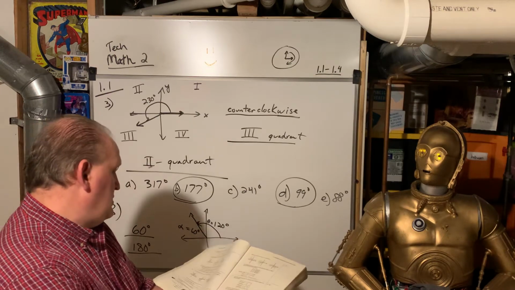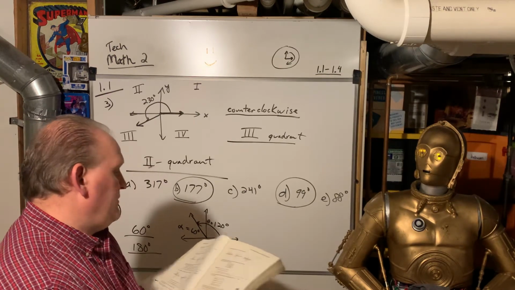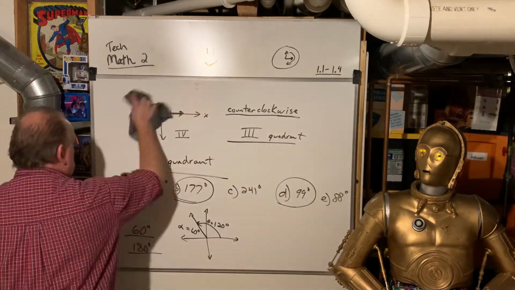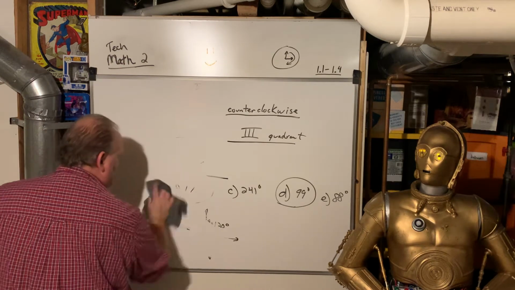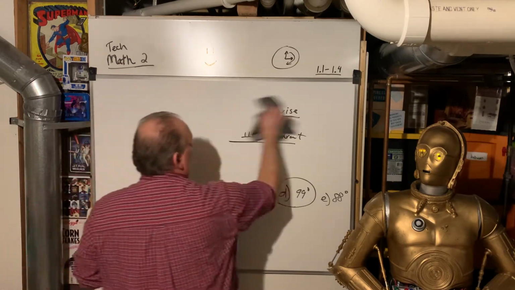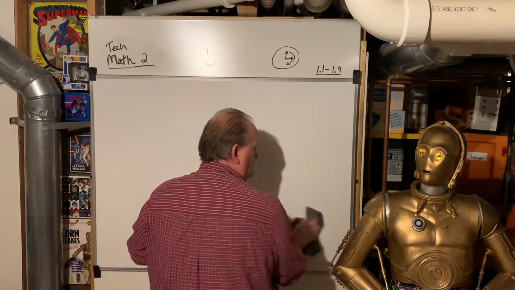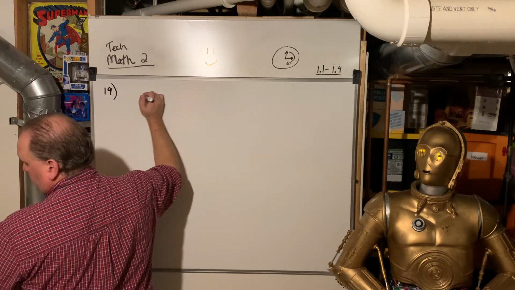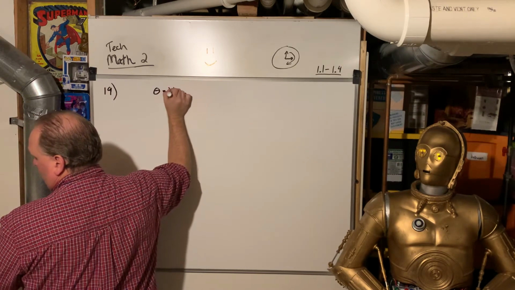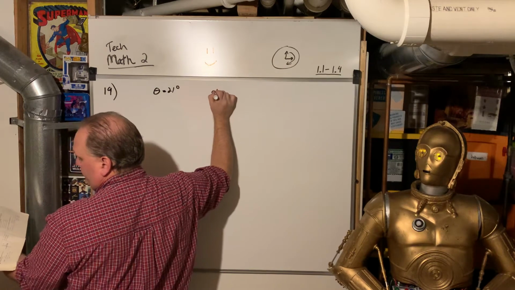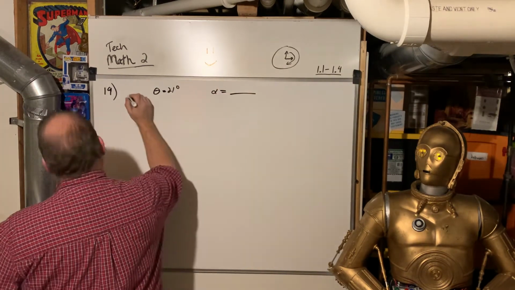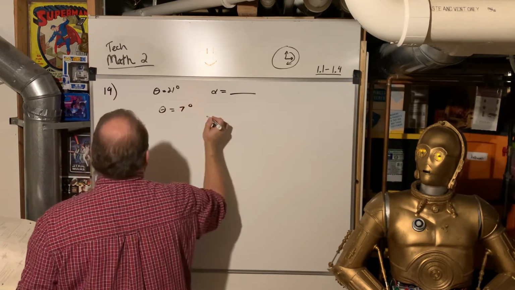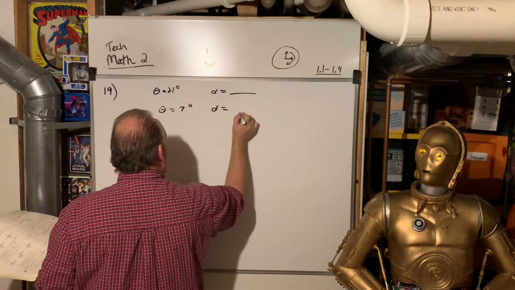So let's skip to number 19 on page 6 in the red book. So theta is 21 degrees, and theta is 7 degrees, what's alpha?